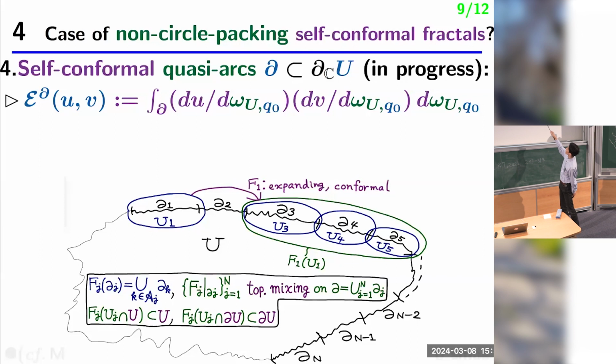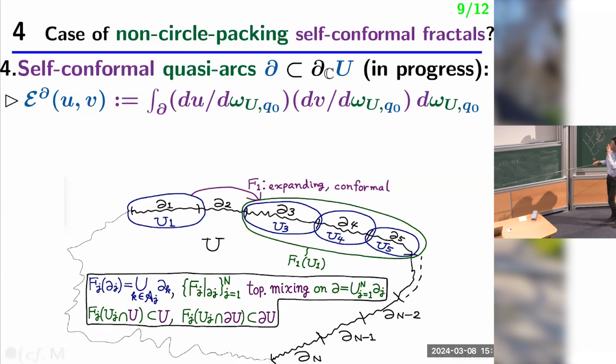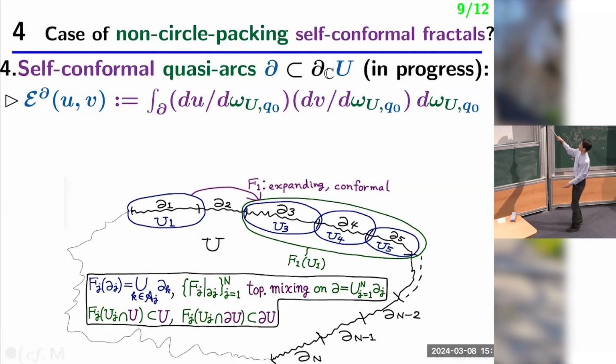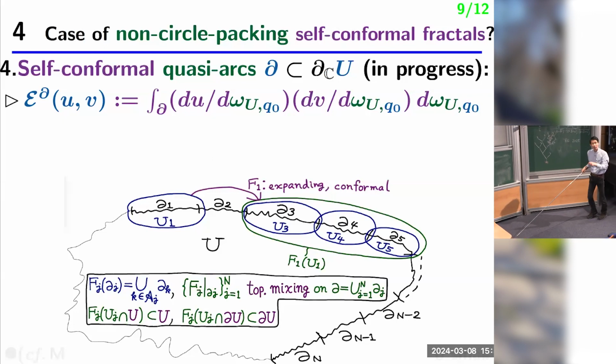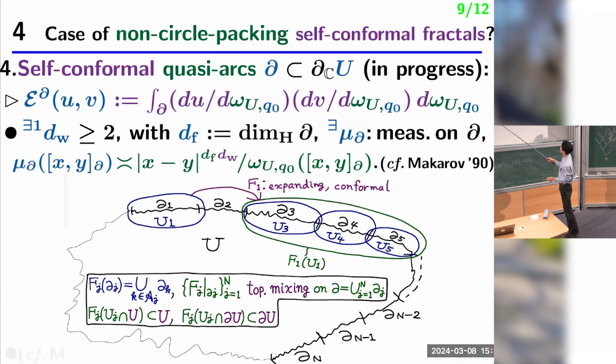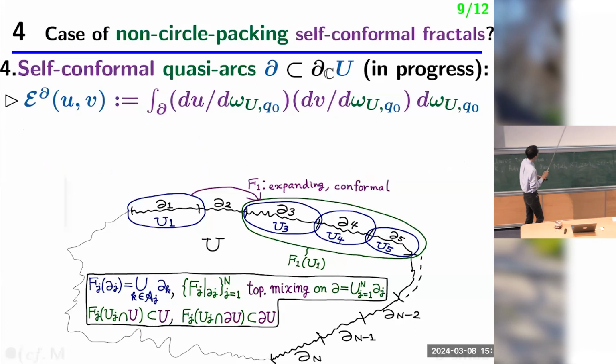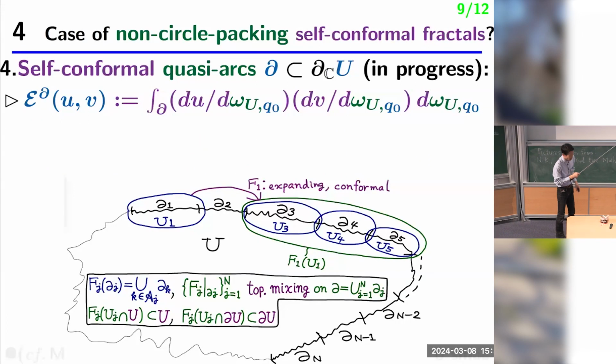And I'm integrating the products of the densities of these functions to define a natural one-dimensional Dirichlet form under these coordinate functions. So this is the energy functional.